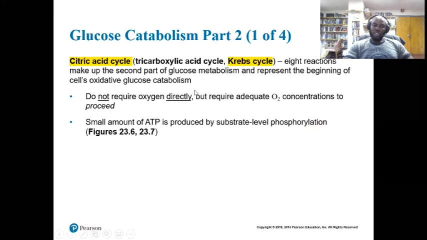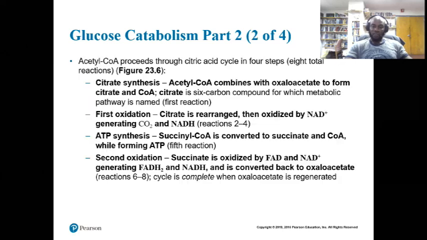So they do not require oxygen directly, but require adequate oxygen concentrations to proceed. A small amount of ATP is produced by substrate level phosphorylation, adding a phosphorus group again. Here we go. And again, you don't need to know all the steps, but you need to know the results, basically.